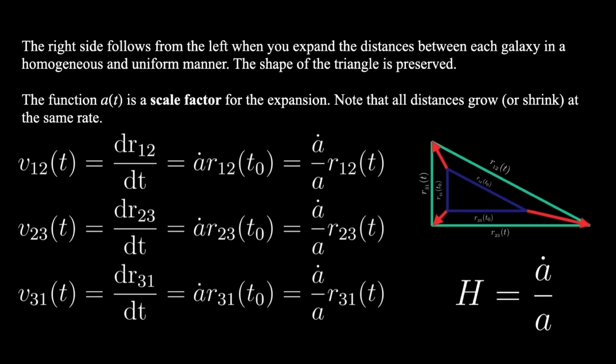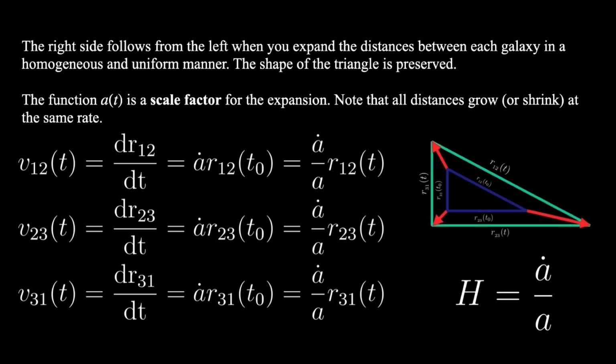All those things are some change in time, dR 1 2 over dt, which is the change in the distance with respect to time. And that's equal to the time derivative of a of t. I've shortened the notation to a dot because that's a standard notation for derivatives with respect to time specifically. And you still multiply that by the initial distance R sub 1 2 at the initial time.